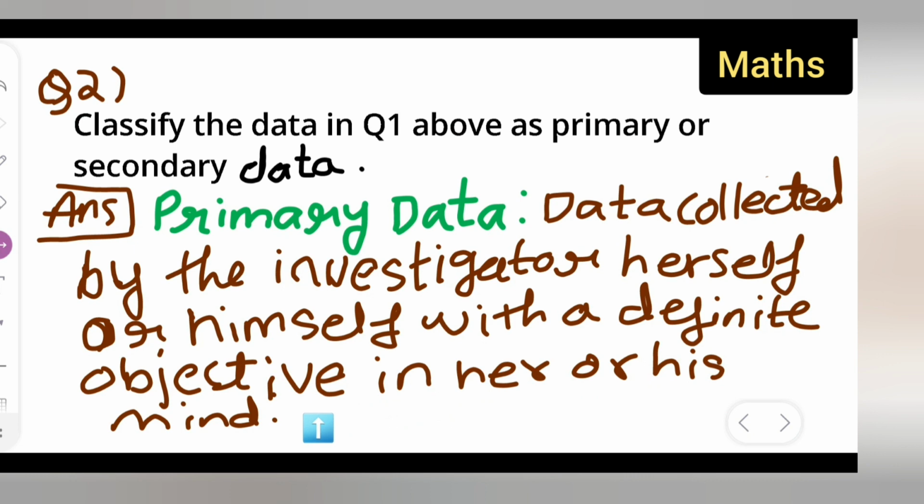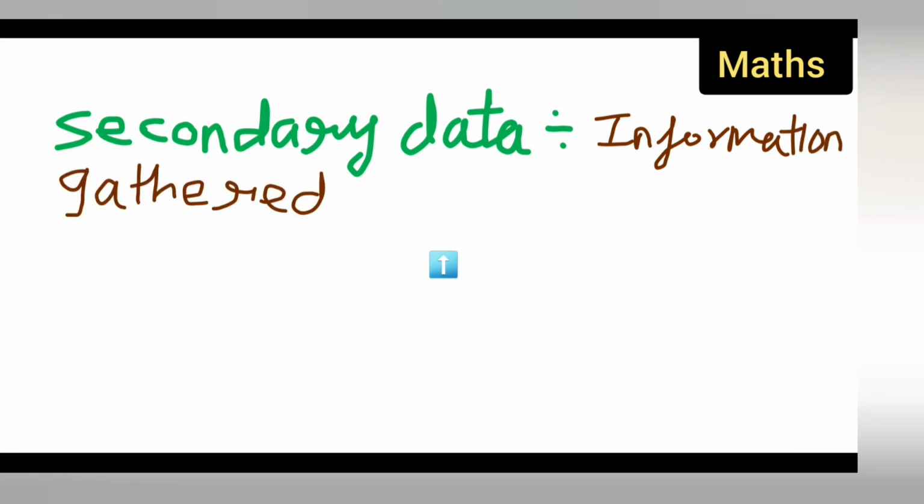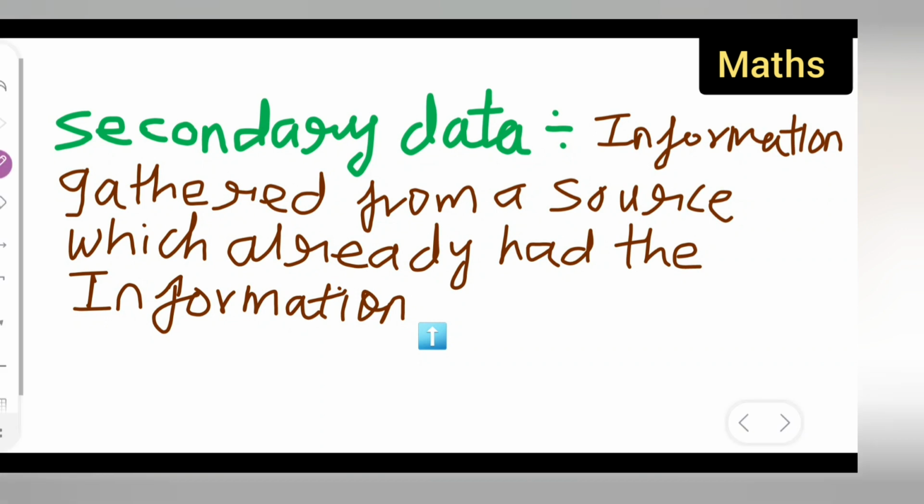Now let us see what is the secondary data. Write down: information gathered from a source which already had the information stored.